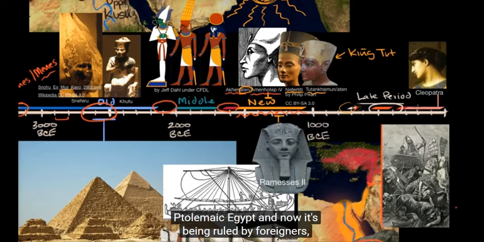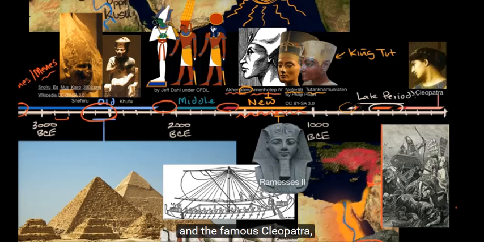And now it's been ruled by foreigners for a while now, but now it's by the Greeks. And the famous Cleopatra, who is considered a pharaoh of Egypt, she's actually Greek by blood. She is actually the one that seduced, you could say, Julius Caesar and Mark Antony. And after Cleopatra's death, eventually, it becomes part of Rome.